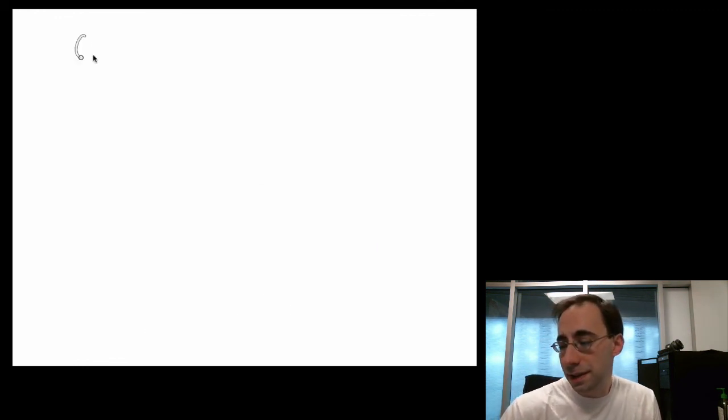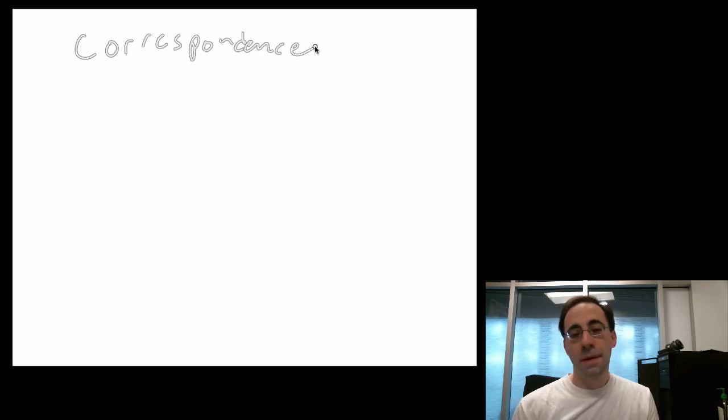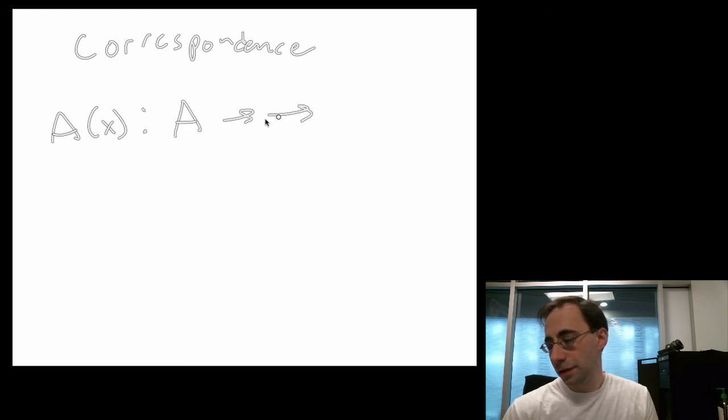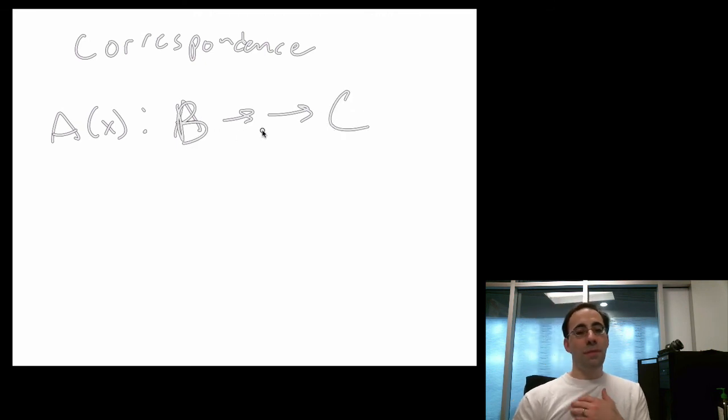A correspondence maps one point in the domain to possibly more points, one or more points in the range, so a whole set of points. We generally write it like this, with two arrows. I should not use the same thing as for a function. You map each point in the domain to possibly more than one point, a whole set of points in the range.